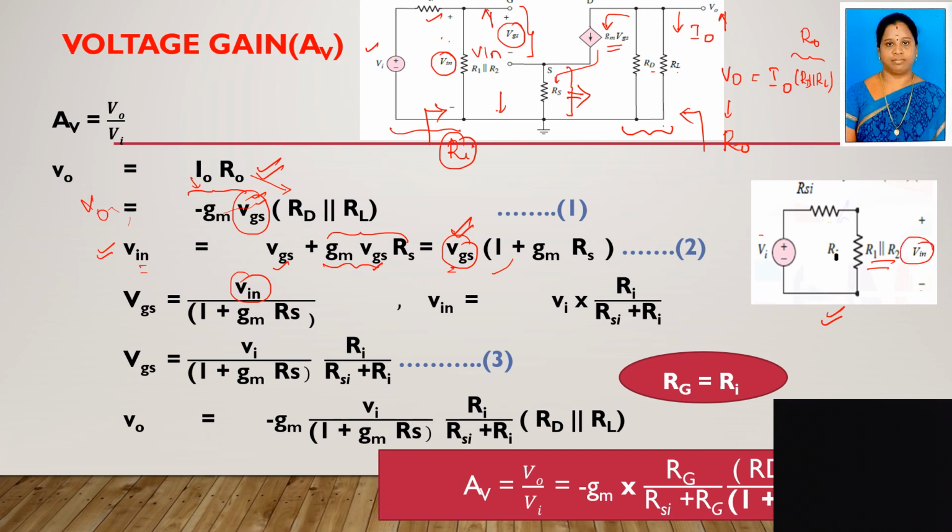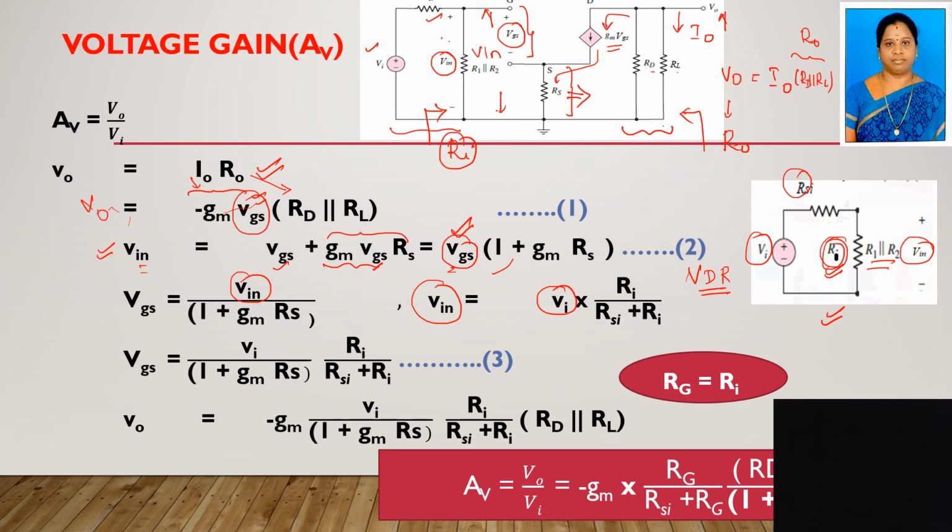The voltage across R1 parallel to R2 is nothing but the Vin. Now you have to apply the voltage division rule. As per the voltage division rule, if you want to find the voltage across a resistance, that is R1 parallel to R2, which is Vin, this is your total voltage Vi multiplied with that particular resistance Ri divided by the sum of these two resistances. So Vin equal to Vi into Ri by Rsi plus Ri.